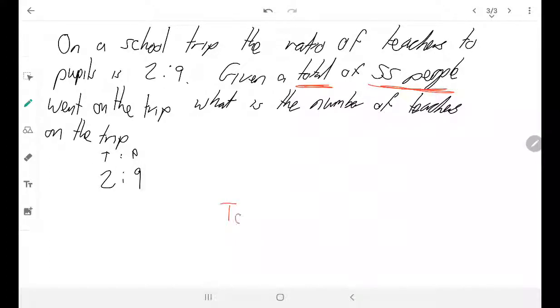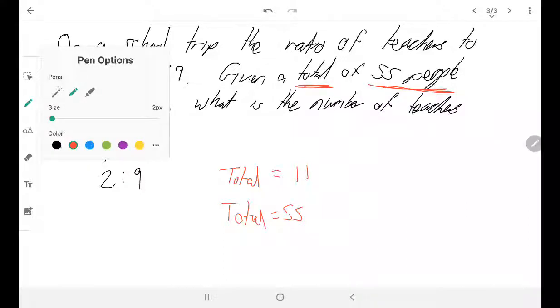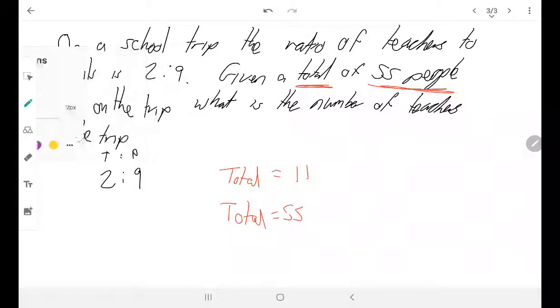So your total equals 55. And then I'm going to write the word total again. And then we look at the ratio. What's a total of 2 and 9? Or what's 2 plus 9? Well, that's 11. And how do I go from 11 to 55? Well, this time I times by 5.